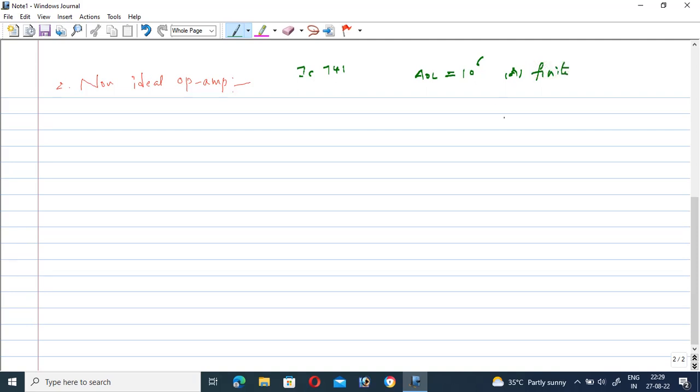Ideally this value is infinite, but for the non-ideal case the open loop gain is in the 10 power 6 range.